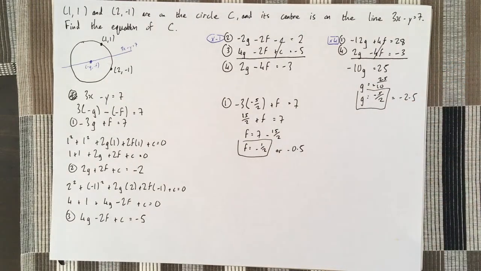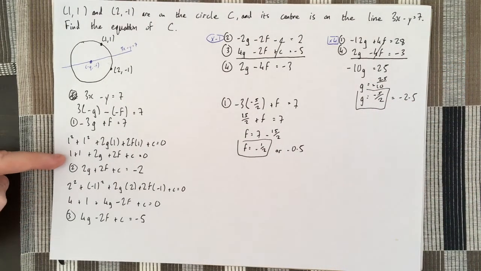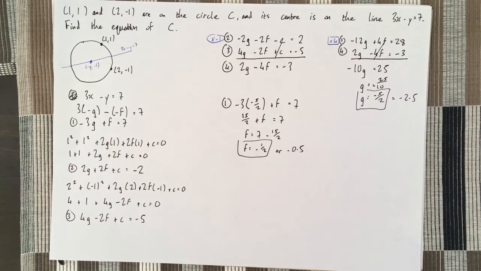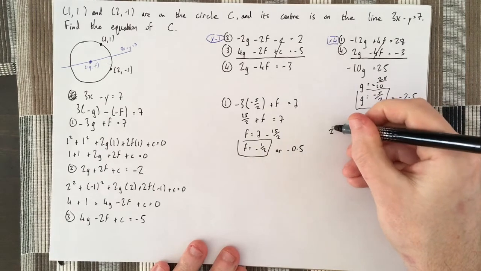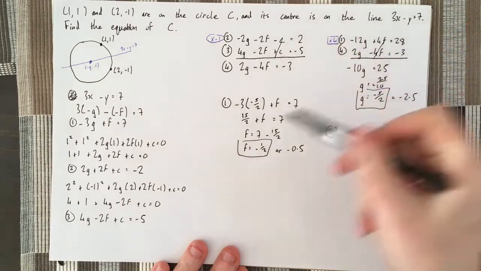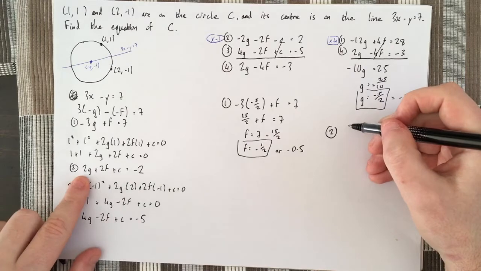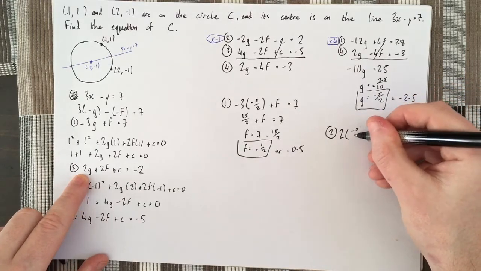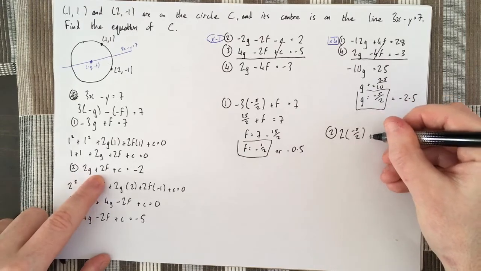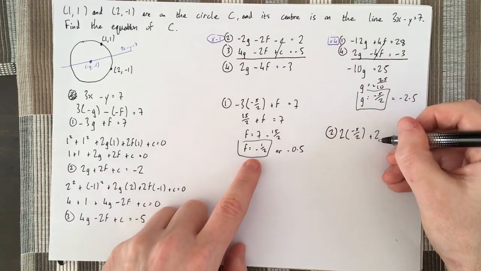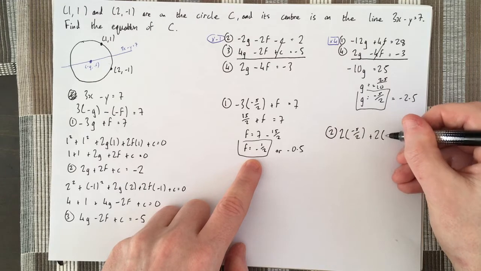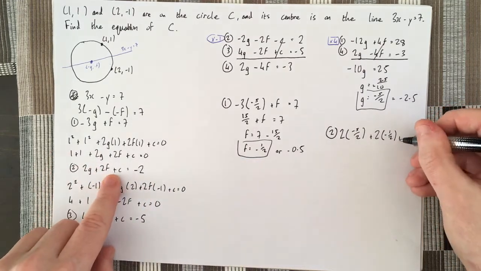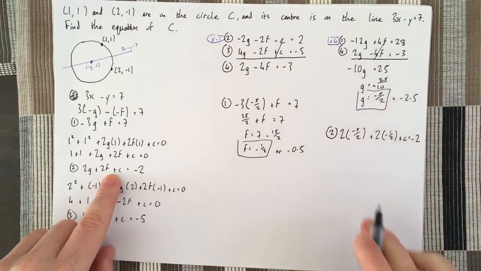I need to figure out c then, so I'll go back to either equation 2 or equation 3 and just sub in for g and f. I'll use equation 2. So equation 2, 2g is 2 times minus 5 over 2, plus 2f is 2 times minus 1 over 2, plus c is equal to minus 2.